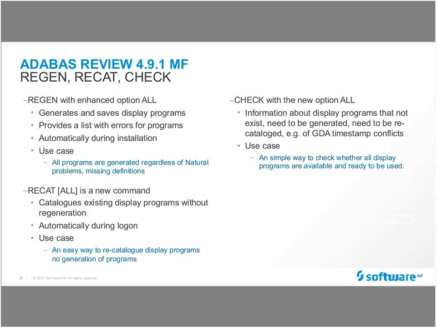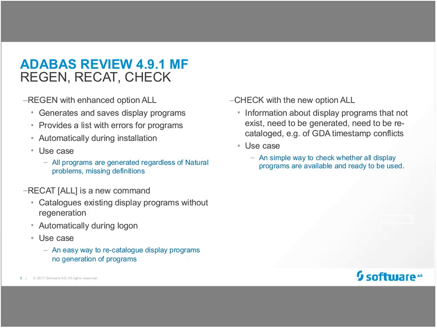So the regen is the regenerate of display programs, and there we have an enhanced option ALL, which generates and saves display programs, and it provides an error list in a file of all the errors this function detected. Behind the scenes, the natural CATALL is used, and this happens automatically during the installation.